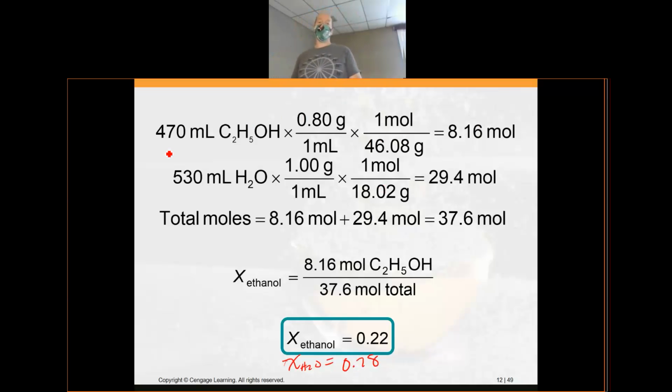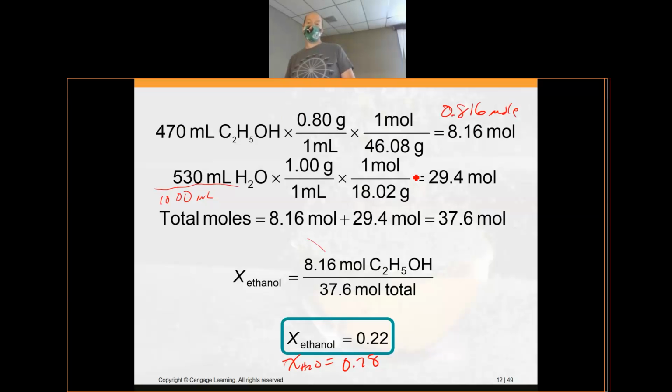All right, so whatever amount of sample you want to pick, I picked 100 mils sample. They picked 1,000 mil sample. Note that their volumes are adding up to 1,000 mils. Instead of having 47, they have 470. And so my answer is going to be 0.816 moles.